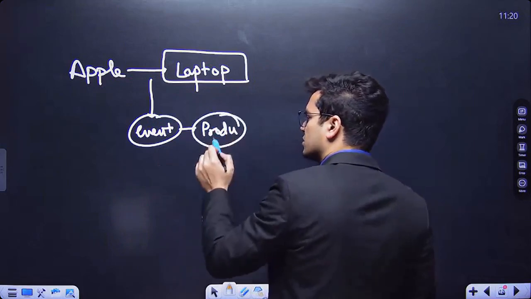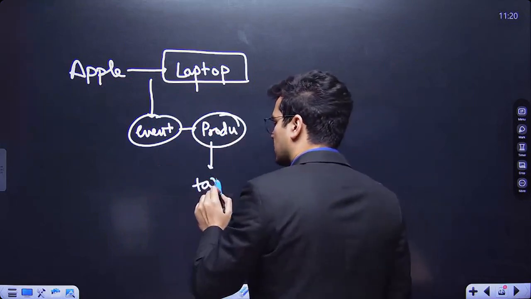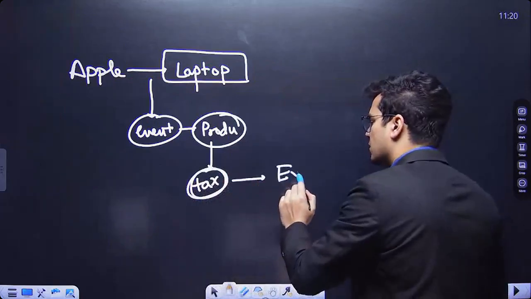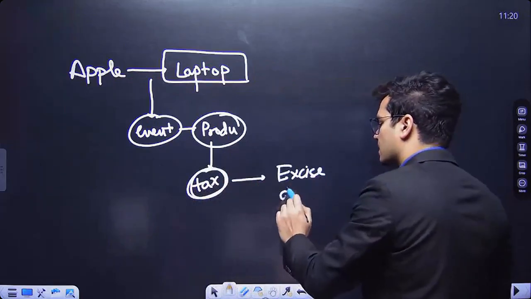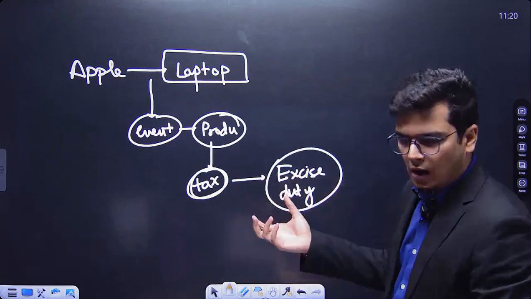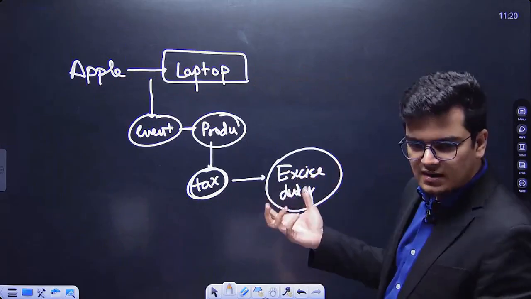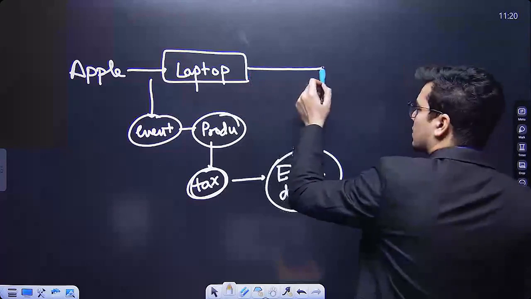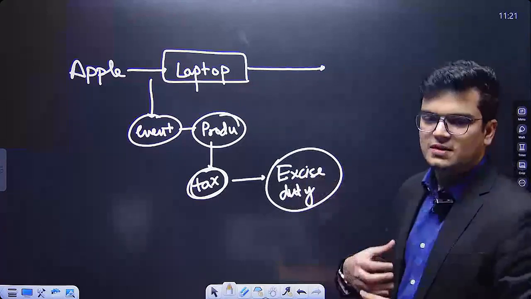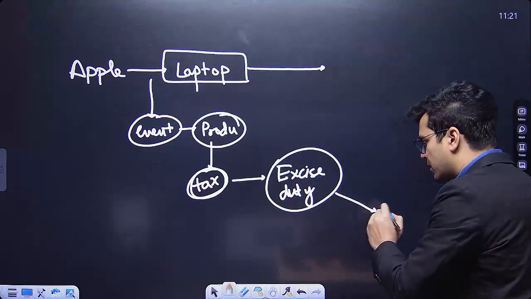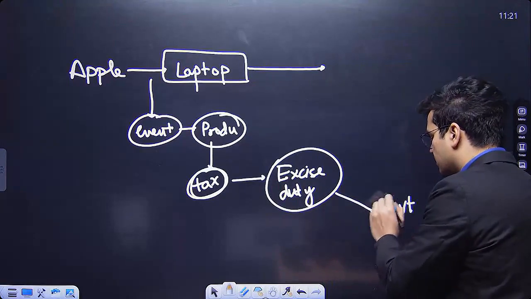On this production, there is a tax. On this event, there is a tax called excise duty. Apple says that excise duty has been levied on us. Responsibility of depositing this excise duty to the government is of Apple.